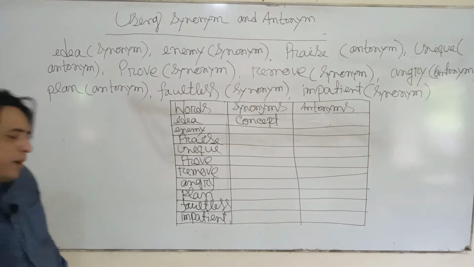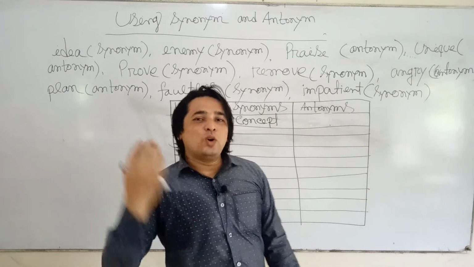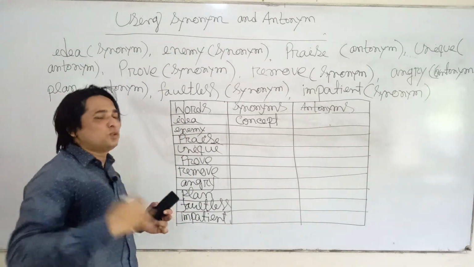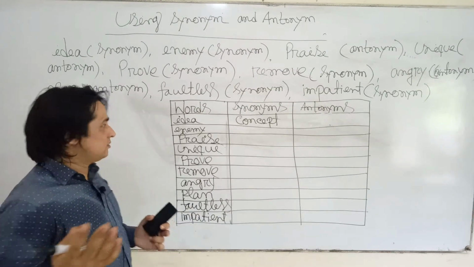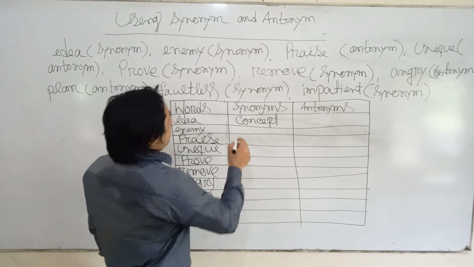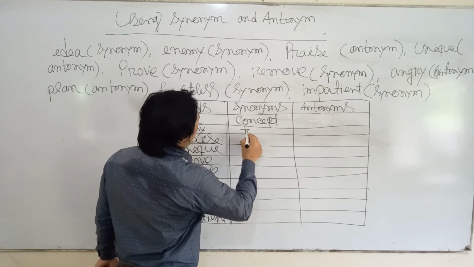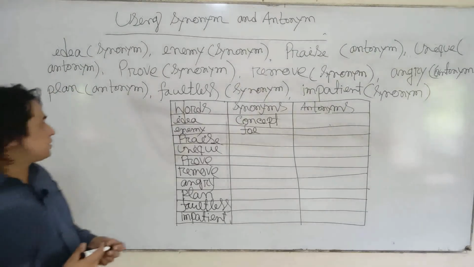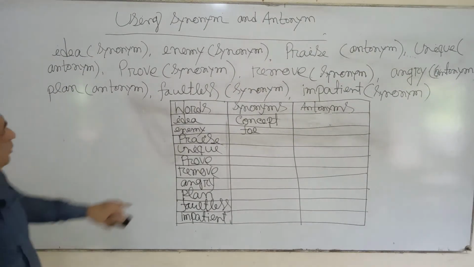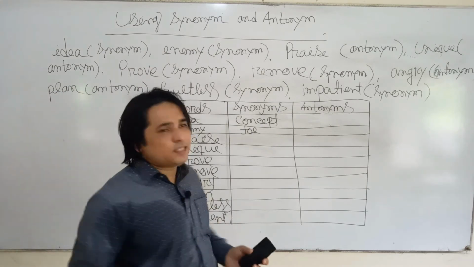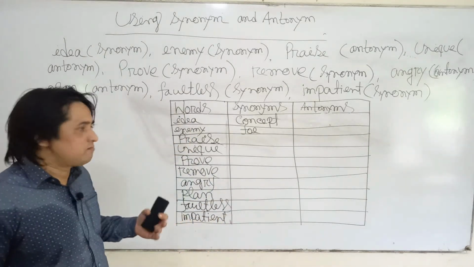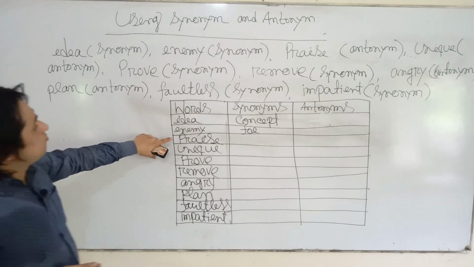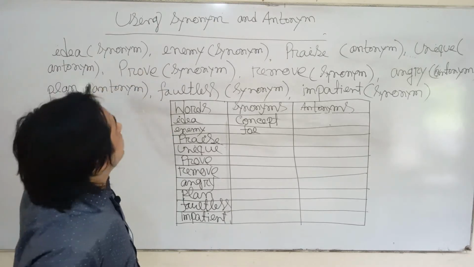Enemy. Enemy means a person who tries to do harm to me, or a person who tries to do harm to anybody else. So enemy means foe. Then praise. Praise means to admire. We will write down the antonym of praise.